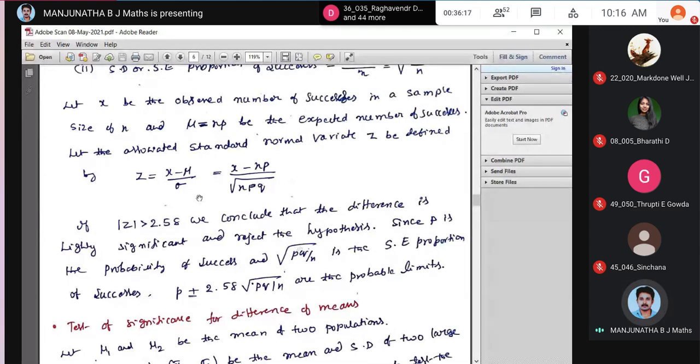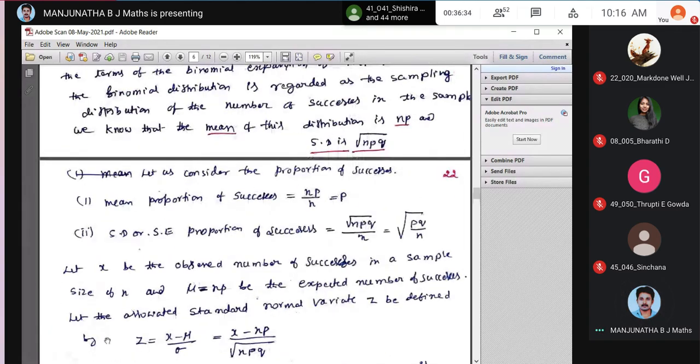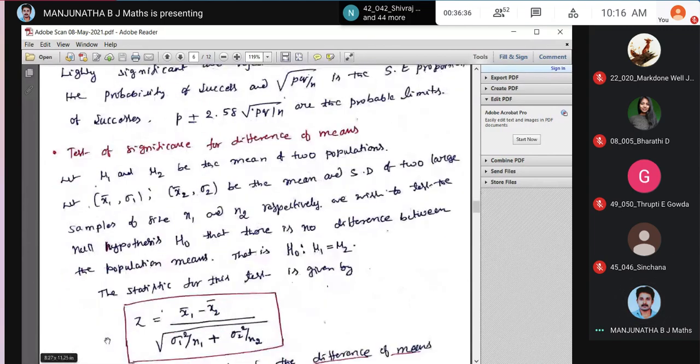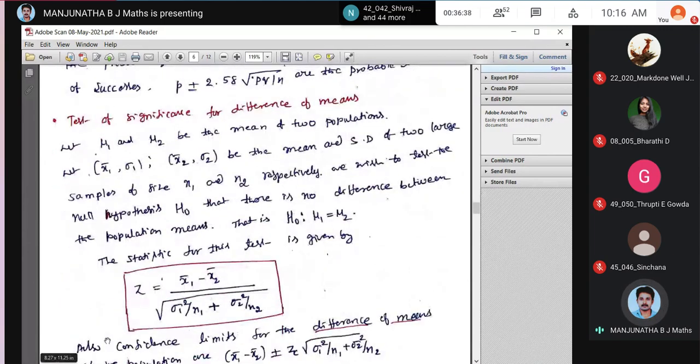Then you compute z by using this relation. If z is greater than 2.58, we conclude that the difference is highly significant and reject the hypothesis. If it is less than 2.58, we accept the hypothesis. That is test of significance of proportion. Next, test of significance for difference of means.